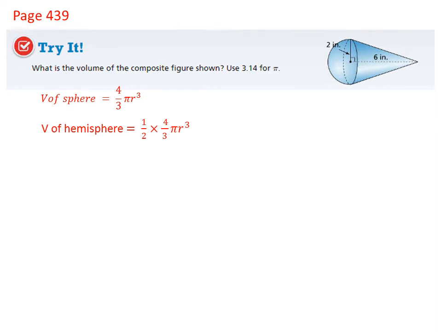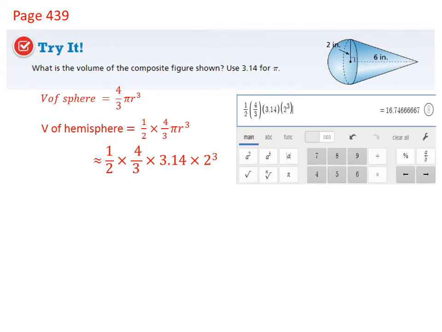The radius length is 2, so substitute now. Half stays the same, 4/3 stays the same. Use 3.14 instead of pi. Instead of r, use 2 because the radius length is 2, so 2 cubed. Now calculate this. Yes, the answer is about 16.75 cubic inches. This is the first step.